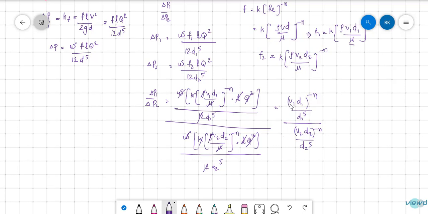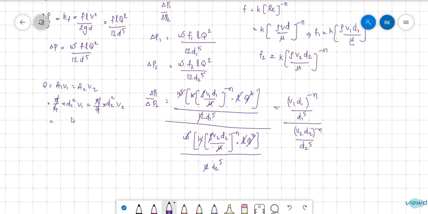So we need to eliminate V1 and V2. We can use the discharge formula: Q is equal to A1 V1, which is equal to A2 V2. A1 is pi by 4 into D1 squared into V1, which is equal to pi by 4 into D2 squared into V2.